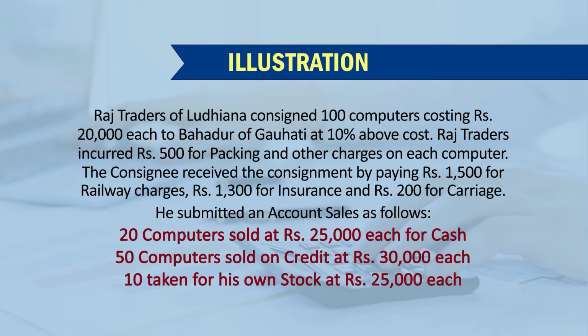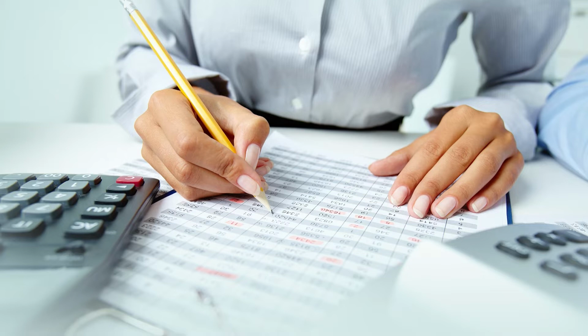He submitted the account sale as follows: 20 computers sold at rupees 25,000 each for cash, 50 computers sold on credit at rupees 30,000 each, and 10 computers taken for his own stock at rupees 25,000 each.